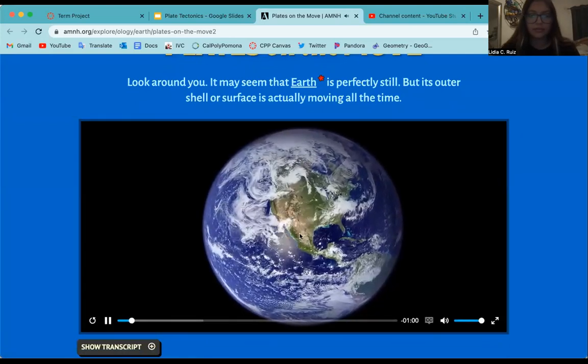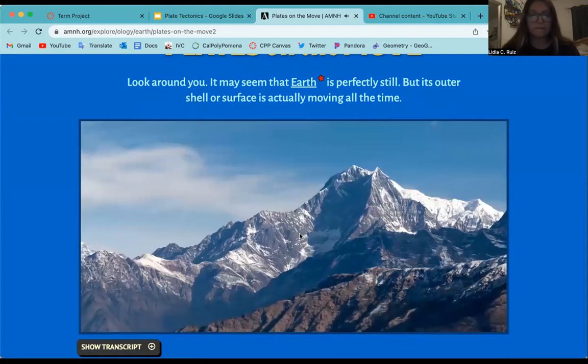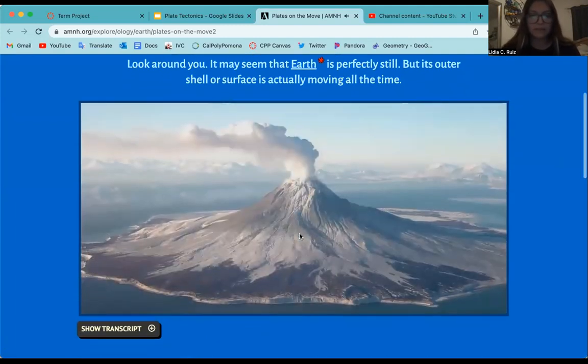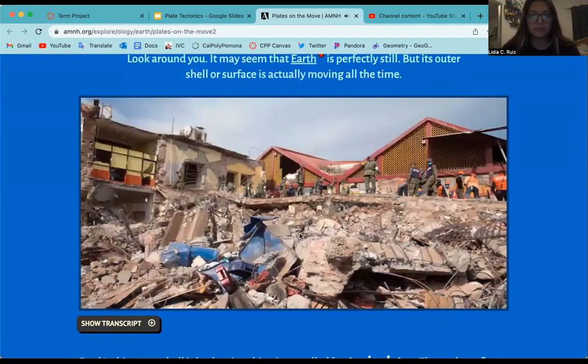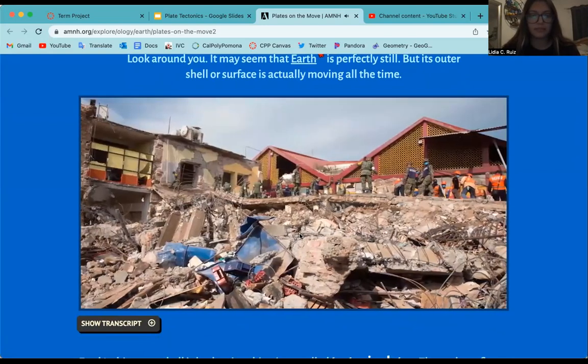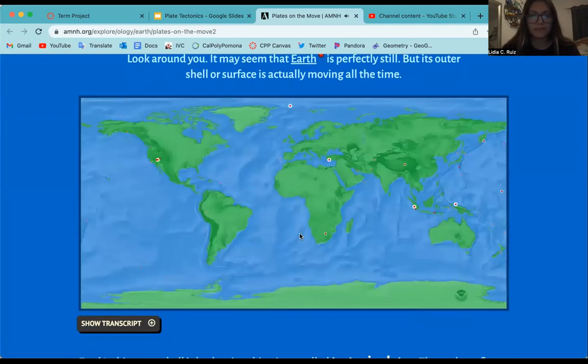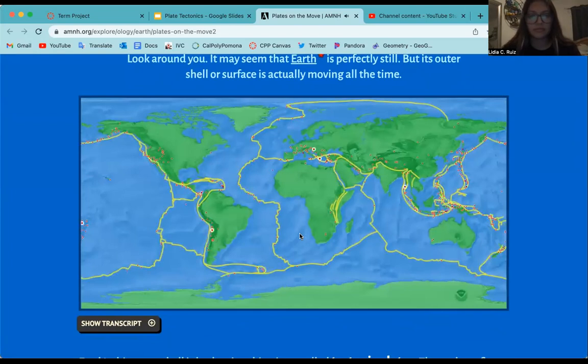Around the world, mountains form, volcanoes erupt, and earthquakes shake. Why? The red dots popping up on the screen are recent earthquakes. When you see only a few, they may seem like they're all over the place. But over time, you will start to see a pattern. The Earth's outer shell is divided into pieces called plates.